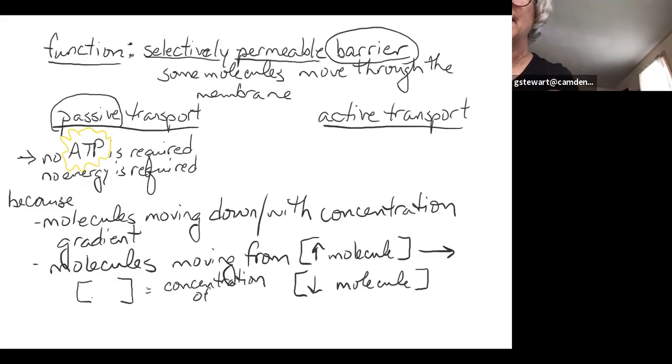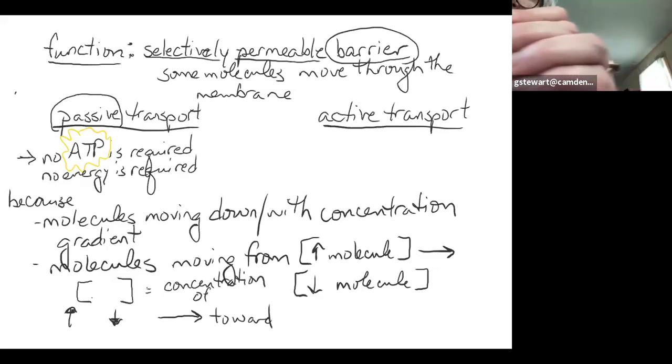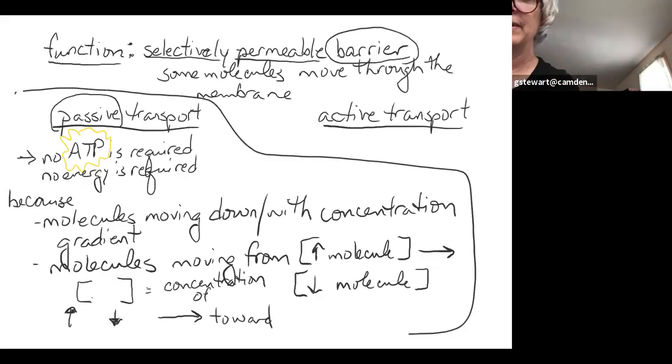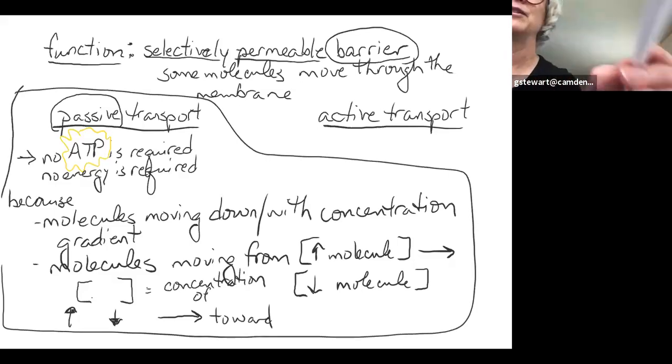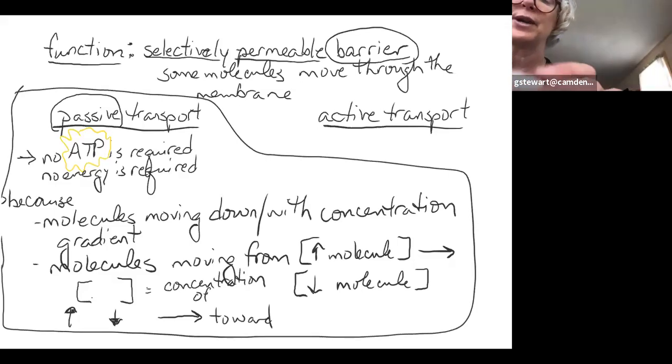The up arrow means a high concentration. The pointing down arrow means a low concentration. And this arrow from left to right, that's indicating toward in this case. Okay, so this is all about how we describe or define passive transport.